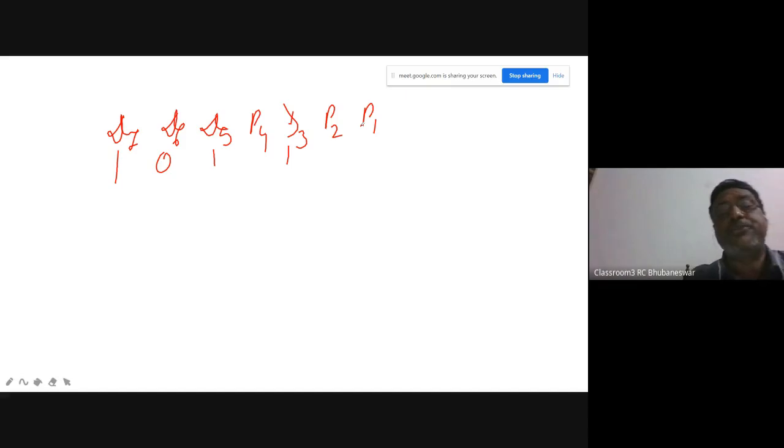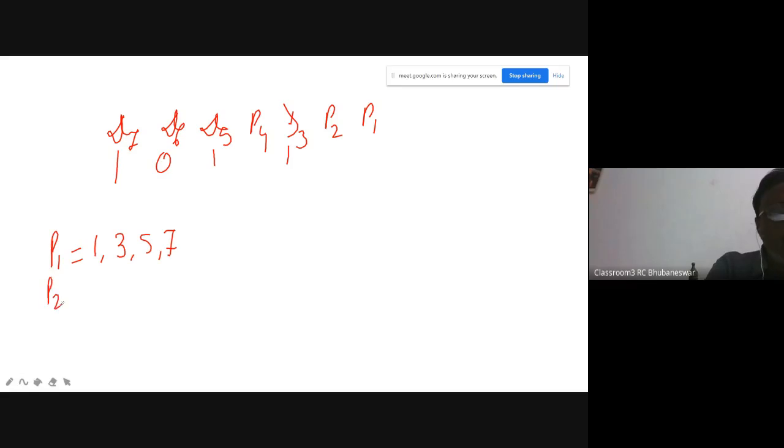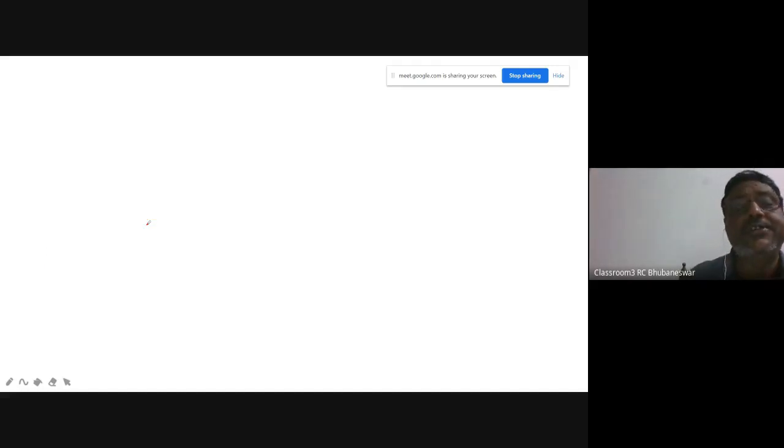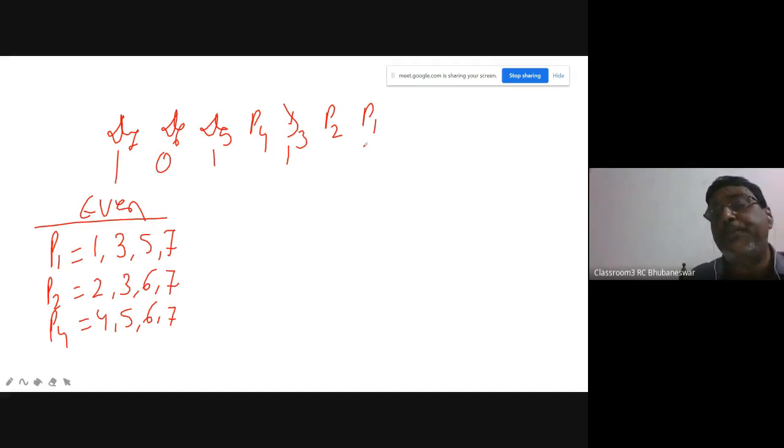So to know the positions of P1, P2, P4, there is a formula. That is P1 is equal to, we'll check the positions 1, 3, 5, 7. P2: 2, 3, 6, 7. And P4: 4, 5, 6, 7. And always we'll check for even parity. Understand? So how do we get the positions? Let us see. We have the values like P4, P2, P1. I am writing in this way: P4, P2, P1.